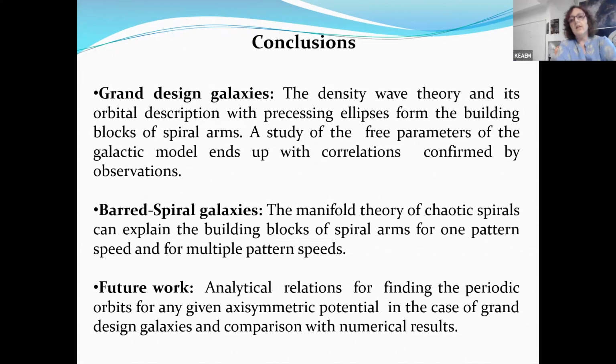You mean the winding, yes. The pitch angle? You mean the pitch angle? Because we said that there is no winding of this. The pitch angle stays almost constant, but we were able to find a correlation with how strong the spiral perturbation is. In the case where there is a bar, as you say, or a black hole in the bar, then this theory is no longer valid.